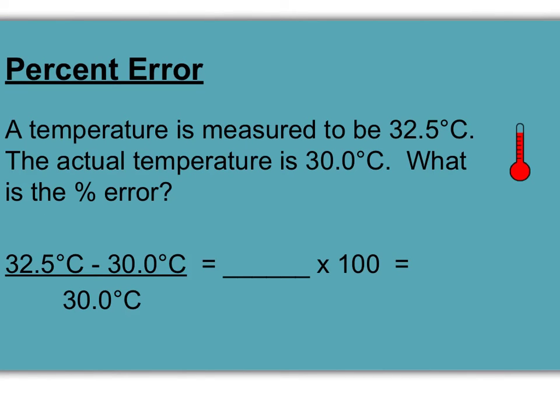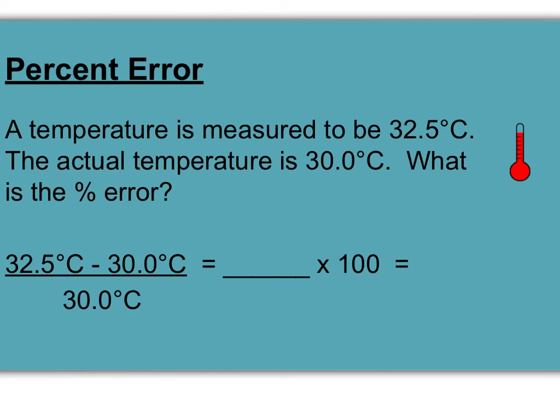However, here's a scenario we're going to see a lot. It's percent error, and it's unique because it involves a subtraction and then a division. So I'm going to go through and show you how to deal with significant digits for this problem. For this percent error problem, the question says a temperature is measured to be 32.5 degrees Celsius, and the actual temperature is 30 degrees Celsius. What's the percent error?